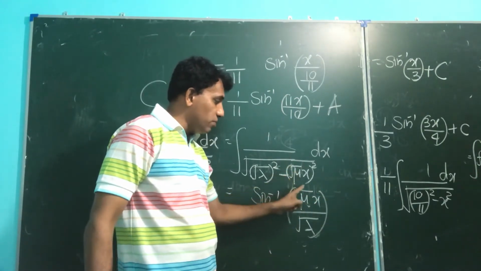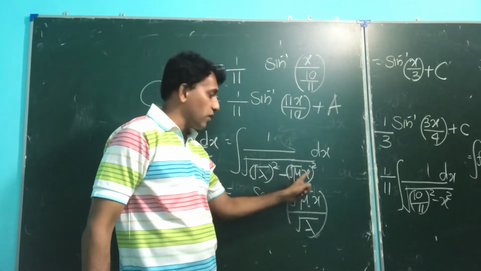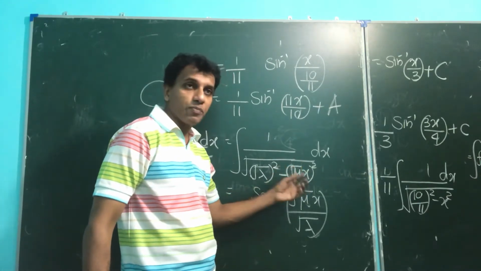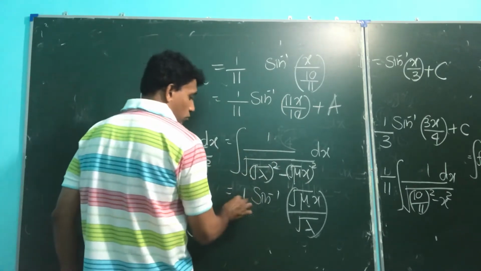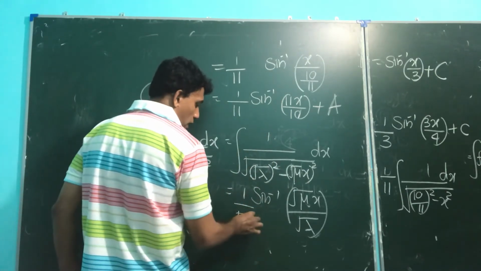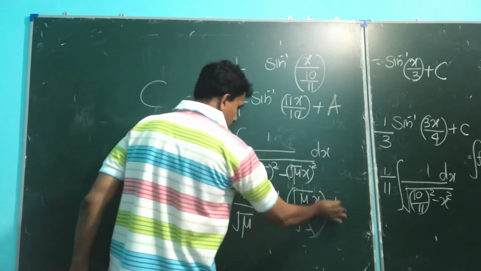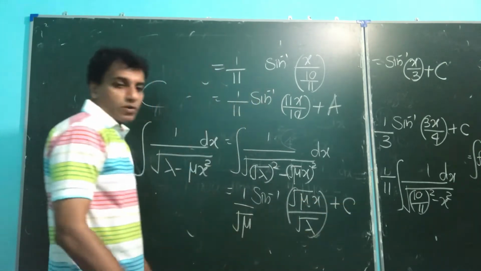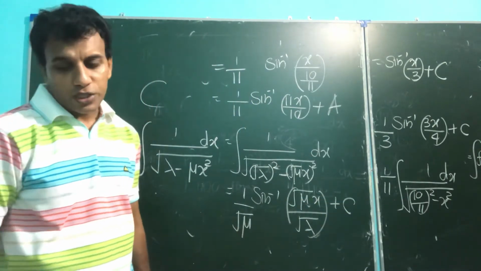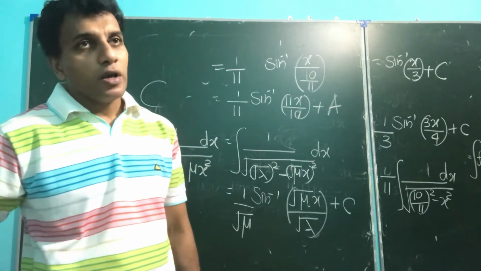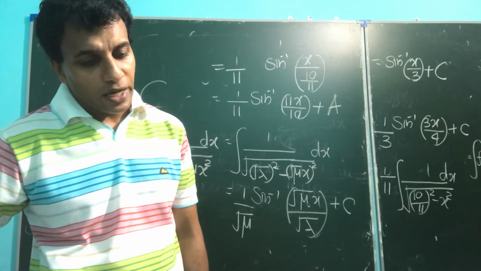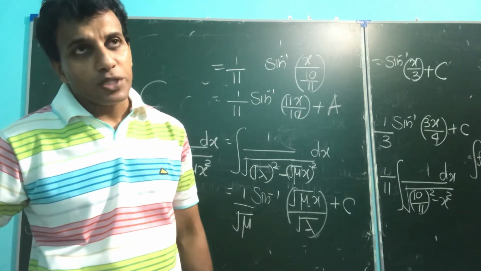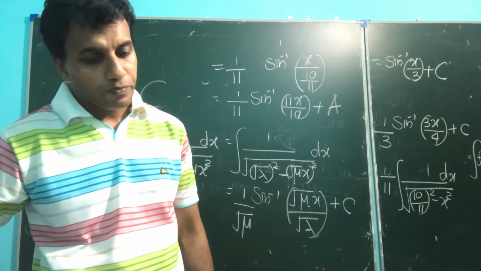Inside is a differentiable function, so we can differentiate it here. Mu x means mu, and its reciprocal 1 over square root of mu, and plus c is the answer. Don't miss this sine inverse form. In any case, 1 over square root of a square minus x square is sine inverse x over a, right?